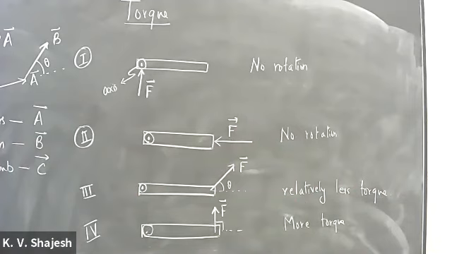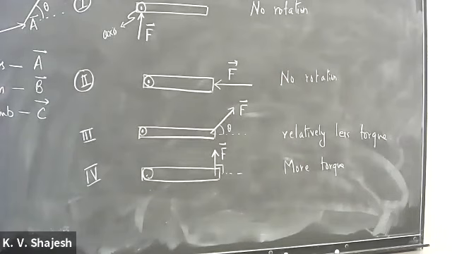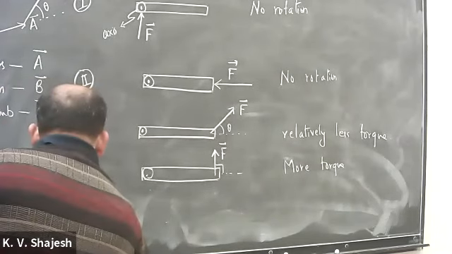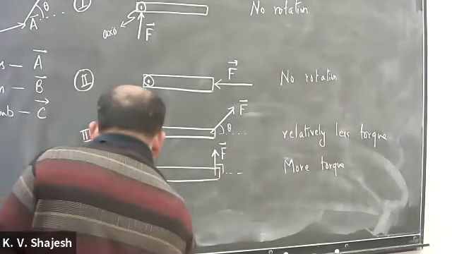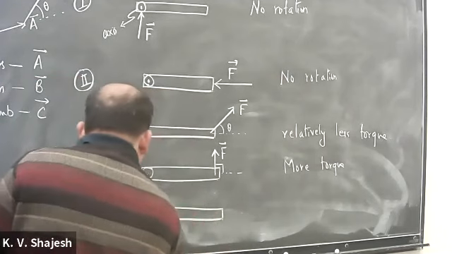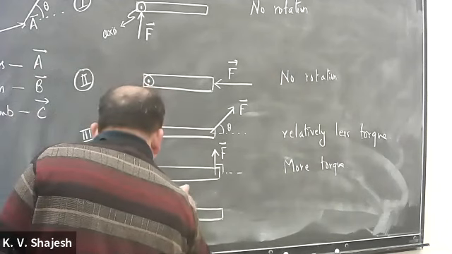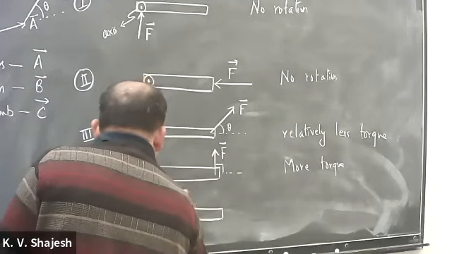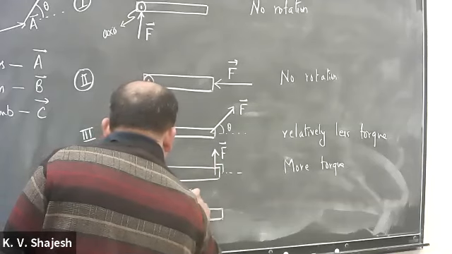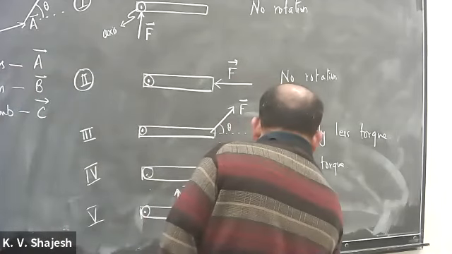And let me finally put one more scenario, and that is that if I were to exert the force somewhere closer, keeping it at 90 degrees, if I were to exert the force, let's say half the way of the door, this will be relatively less torque.